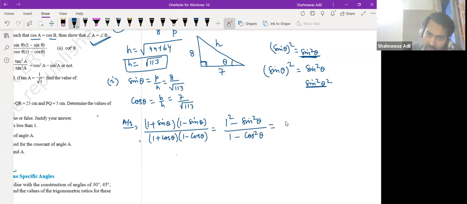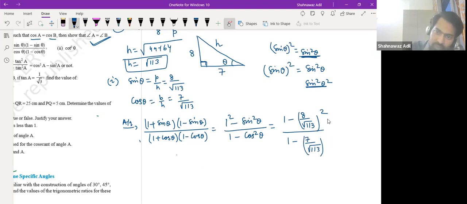So 1 minus sine theta is 1 minus (8 by root 113) whole square, and 1 minus (7 by root 113) whole square.